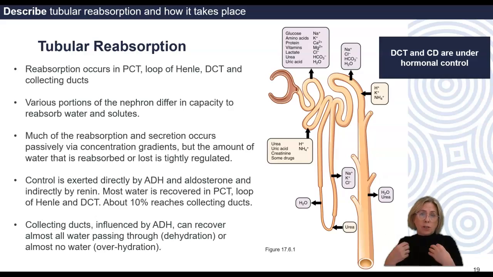So if the body needs to reclaim that water, antidiuretic hormone will be secreted from the posterior pituitary, and nearly all of that water passing through will move via osmosis from the collecting ducts into the interstitial fluid and then into those peritubular capillaries or vasorecta.